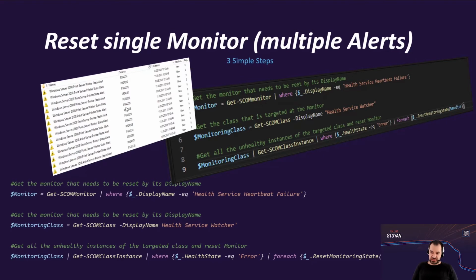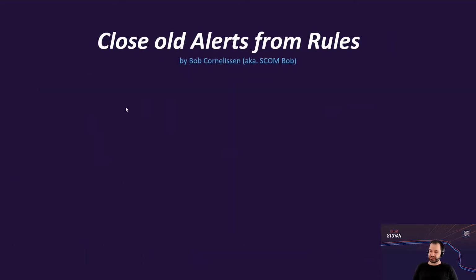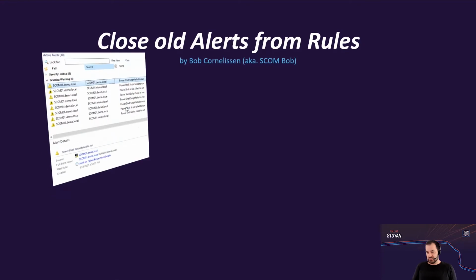It's really something I use frequently, and this is very similar to another script which was written some years ago by Bob Cornelissen, who is also speaking at this event. Bob created a very, very simple script to close all alerts coming from rules. You all know the use case for this.